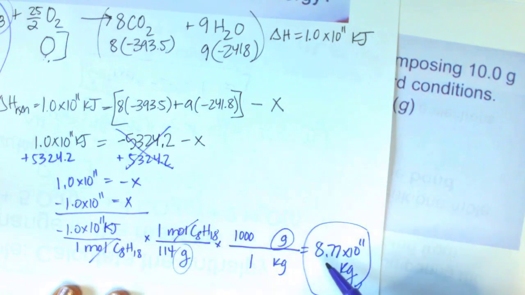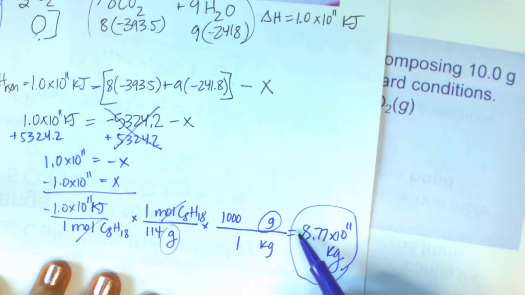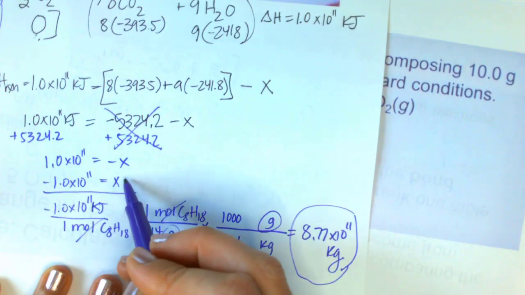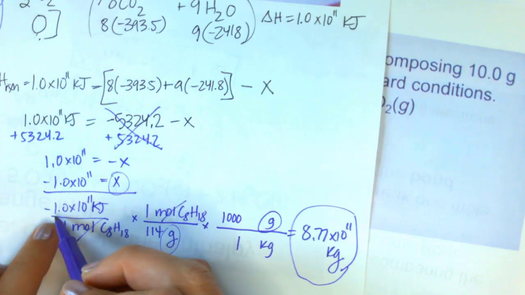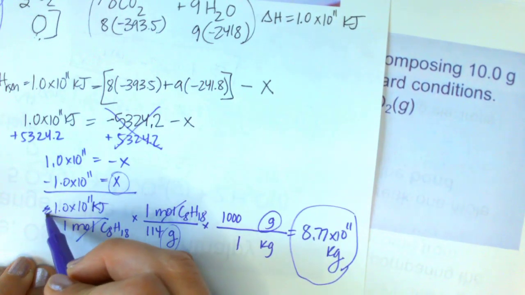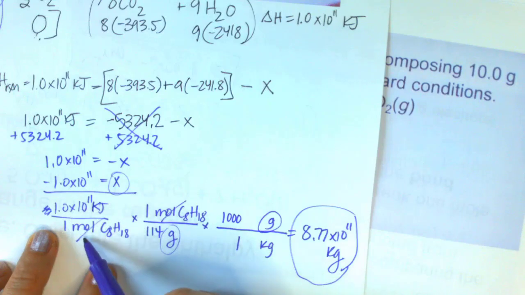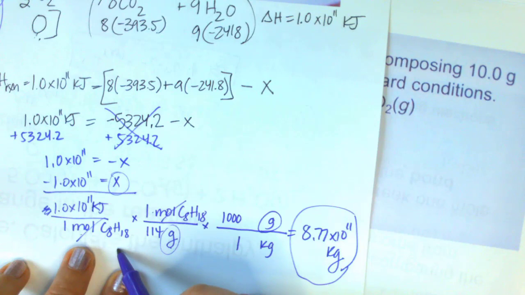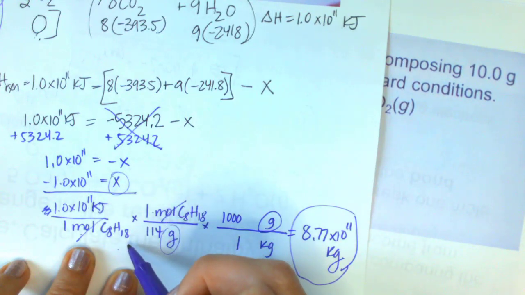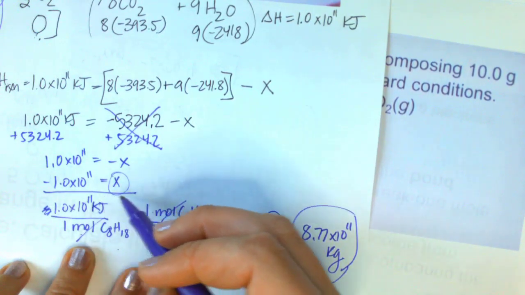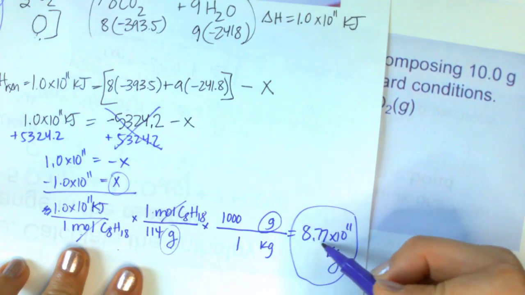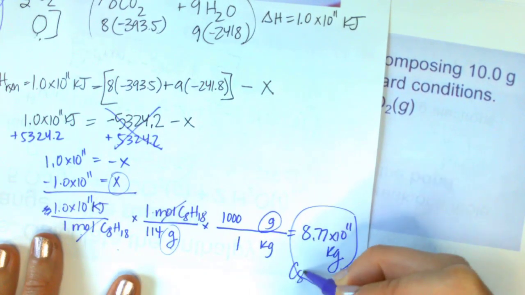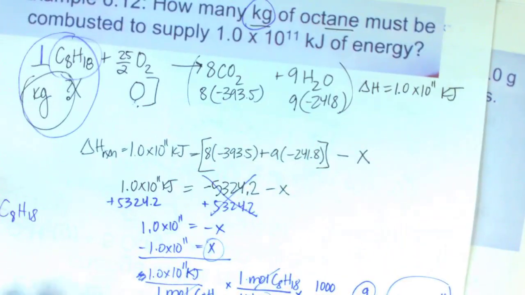I dropped the negative because X is telling me that it's exothermic, 1 times 10 to the 11th. When we're going from moles to grams and grams to kilograms, we don't care about exothermic versus endothermic. So when we do the math, we get 8.77 times 10 to the 11th kilograms of octane. But really, there's a bigger story here.